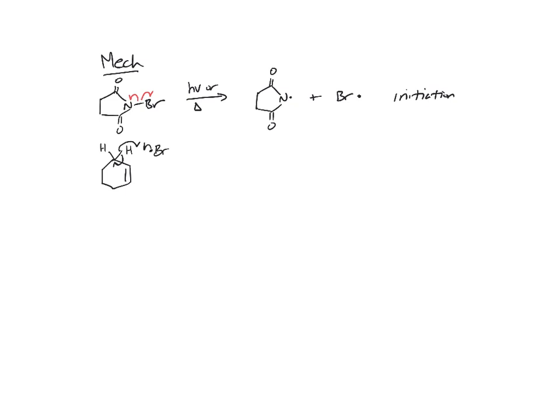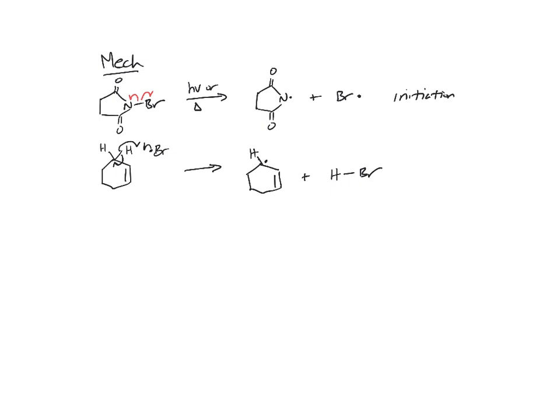And I will end up with my double bond still there, nothing happened to it. I have a hydrogen on there. The other hydrogen's gone, but it left behind a radical. And then I have H bonded to Br.